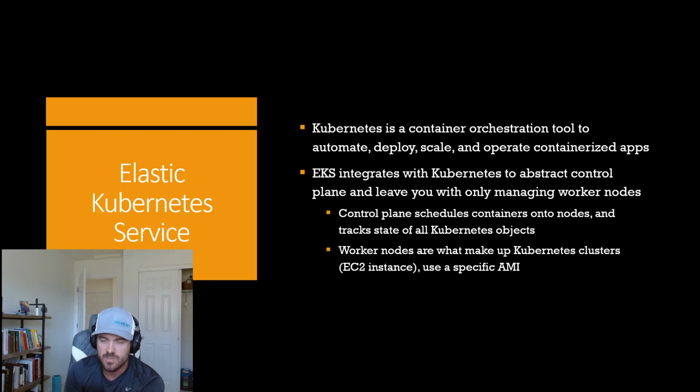Again, don't have to go into too much detail here, but just know that the control plane is essentially what controls things, right? It schedules containers onto nodes and tracks the state of all your Kubernetes objects. And your worker nodes are what actually make up the Kubernetes clusters. So basically just EC2 instances, and they use a specific AMI like you would expect an instance to use anyways, okay?